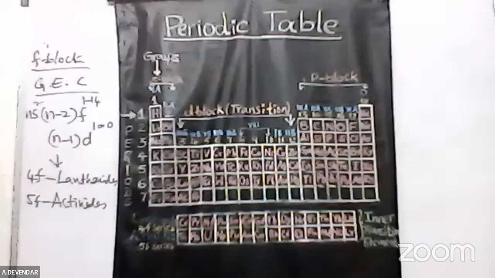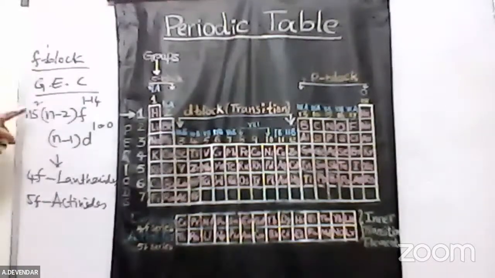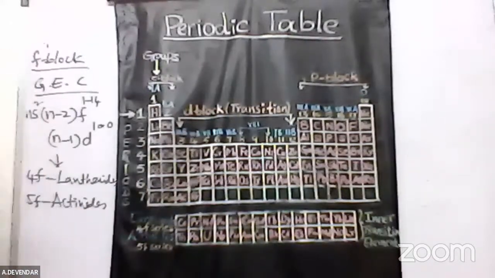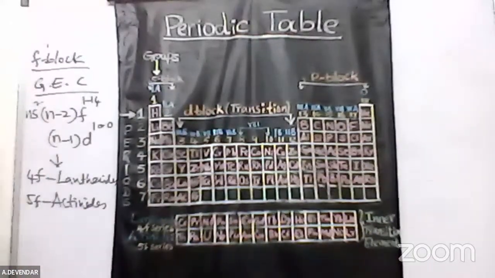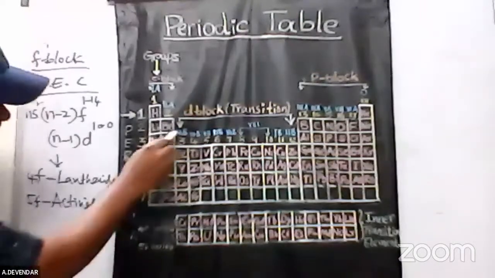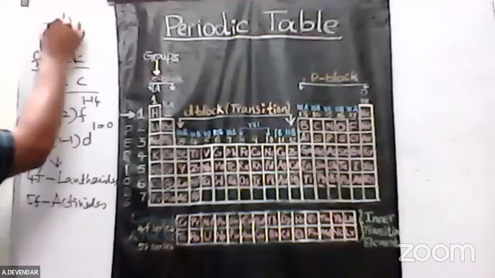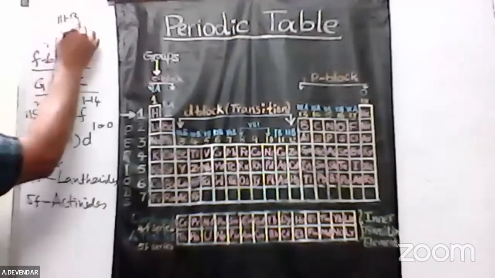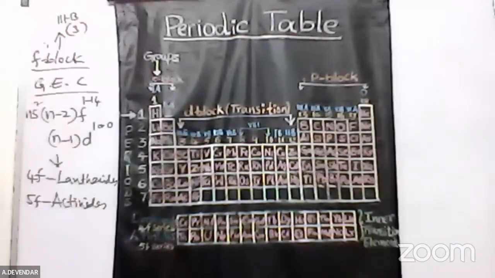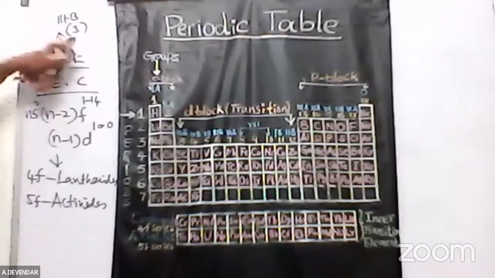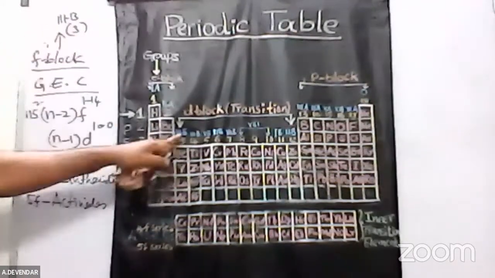Friends, why is it called the f block? Because the last electron enters the f orbital. They also ask which group f block elements belong to. F block elements belong to group 3B, the third group. Why?